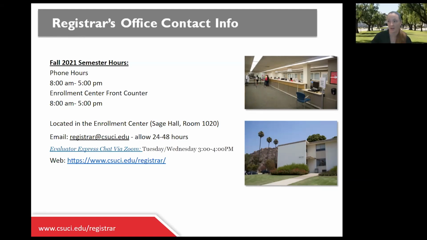I'll just go ahead and add for the evaluation timeline, in general we evaluate students in date order. So if a certain number of you got your transcript in by that October 11th deadline, we will evaluate that group in the order that they were completed on the admissions side.